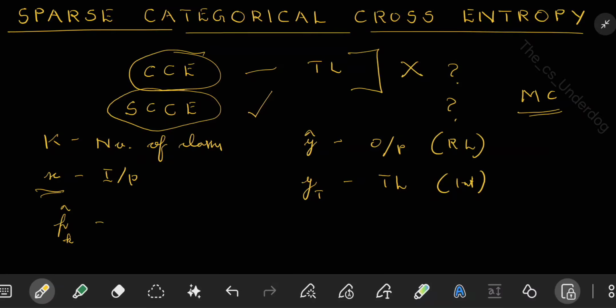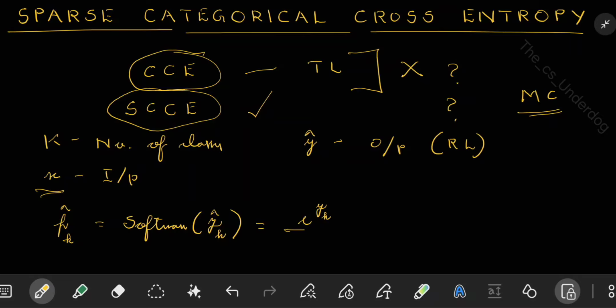So this pk cap will be equal to the softmax of your yk cap. This will give you e power yk divided by the sum over all the e power yks.